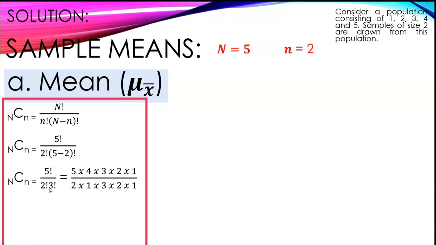Simplify further, that's 5 factorial over 2 factorial times 3 factorial. So to simplify, we just need to multiply 5 times 4 times 3 times 2 times 1 divided by 2 times 1 times 3 times 2 times 1. That's equal to 120 divided by 12. 120 divided by 12 is equal to 10.